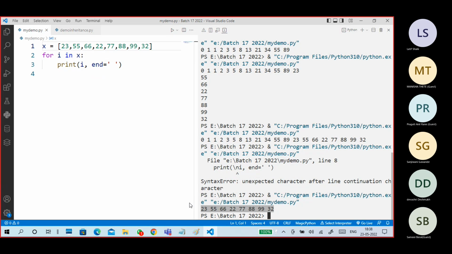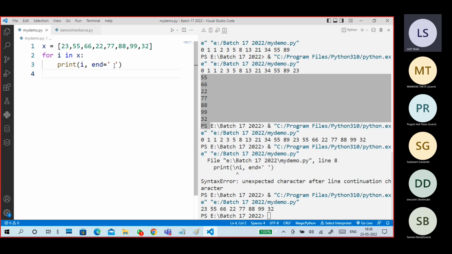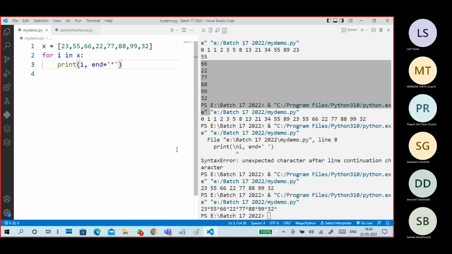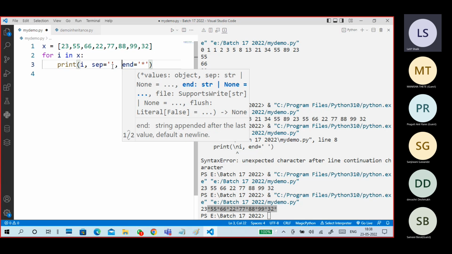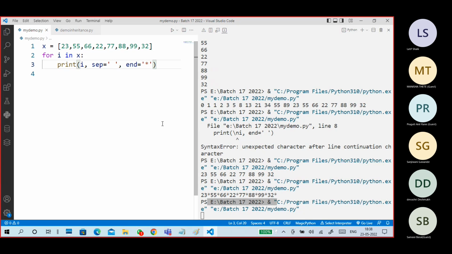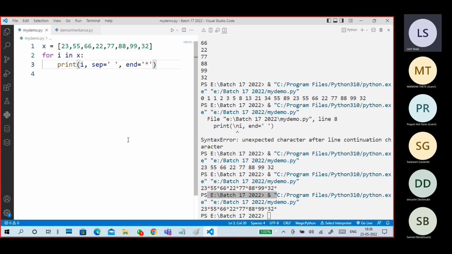If I don't give this one, what happens? It will print like this. If I give something in this, like a star, see, stars are printing. Another one is there, that is called separators. You can also give sep type.